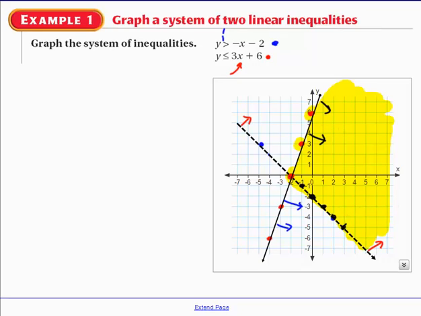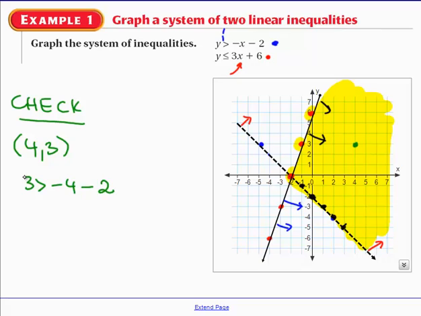So how are we going to check? For checking, you just want to choose a point in the region that you selected. In this case, I'll use (4, 3). You can use any point you like. It should work for both of our inequalities. So we're going to go back to the original. We always go back to the original. And we ask ourselves, is 3 greater than -6?